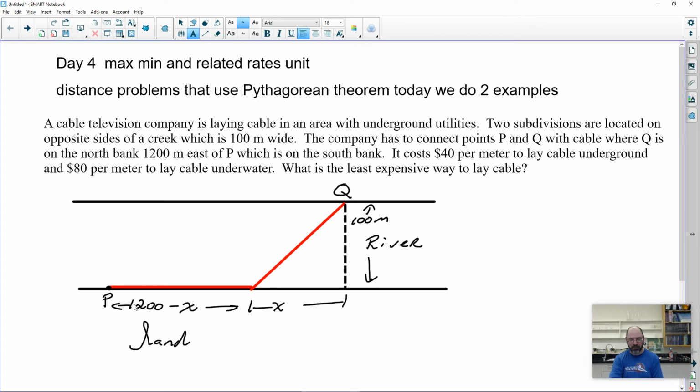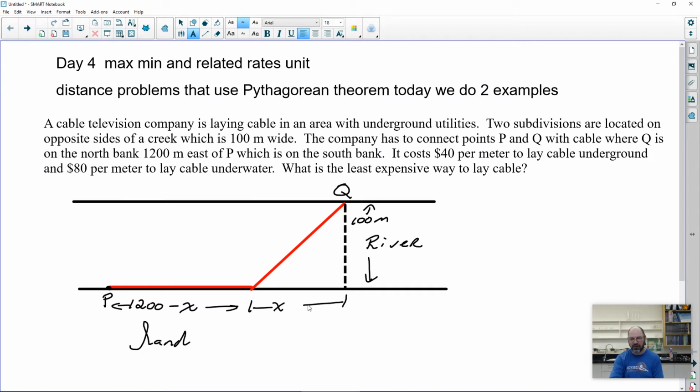So I wrote it a little bit differently. I put an X and a 1,200 minus X, but total this is 1,200 meters. It costs $40 a meter to lay cable underground. That's this land part here, and $80 a meter to lay it underwater, which is this part here. What is the least expensive way to lay the cable?